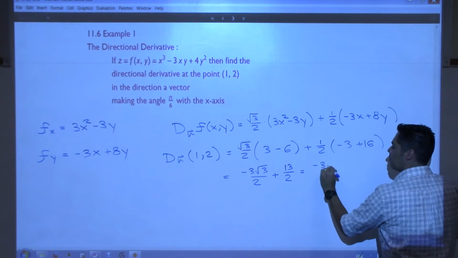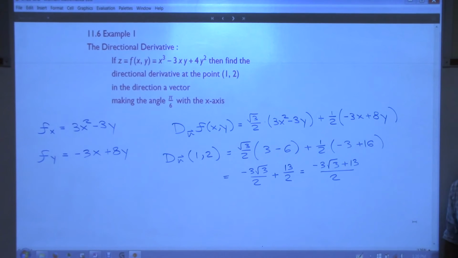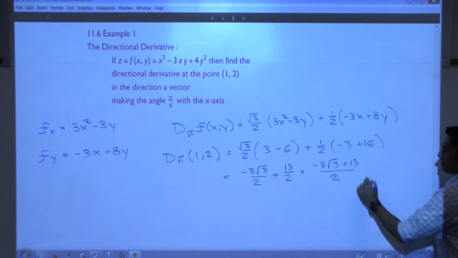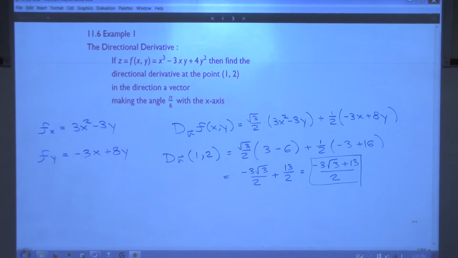So negative 3 root 3 plus 13 over 2. Anyone else get that? Yeah? That's it. That's a number, right? And I'll get my calculator out just to see. I'm curious, like, is that a positive or a negative number? I guess we'd have to check, huh? Is it, this whole thing's 3.9, approximately?